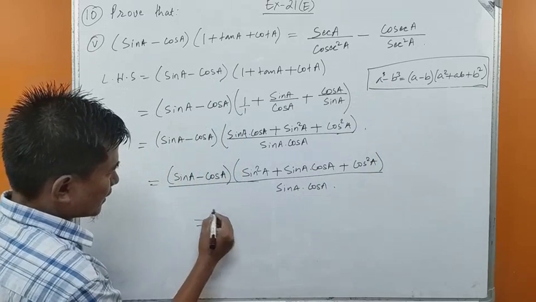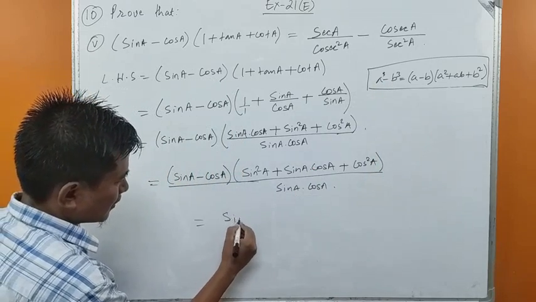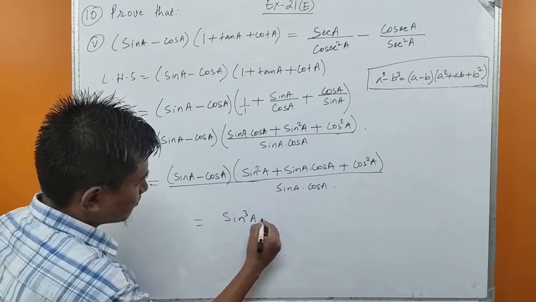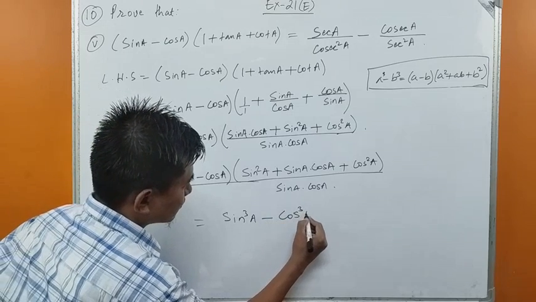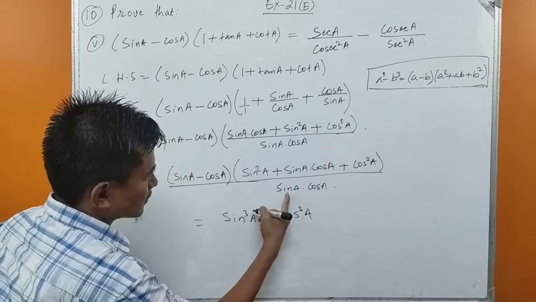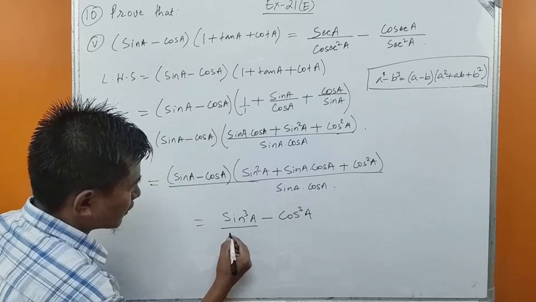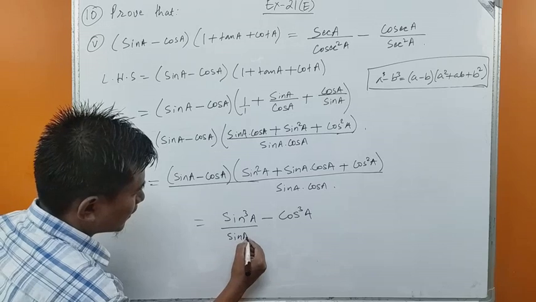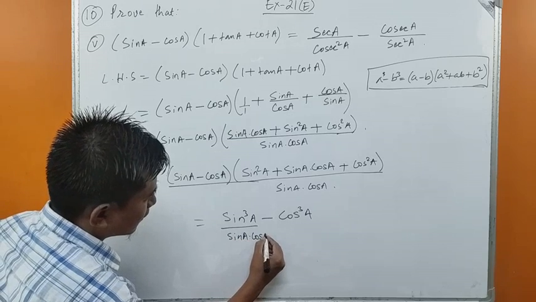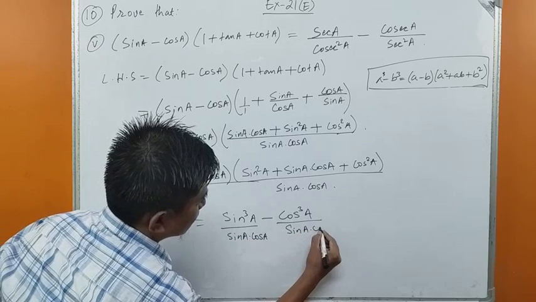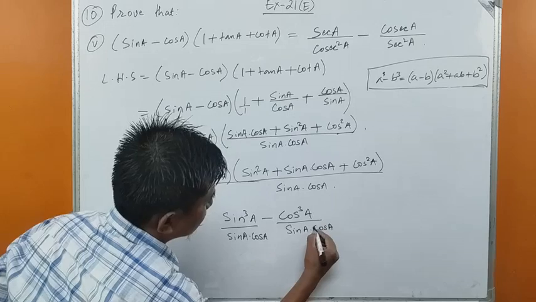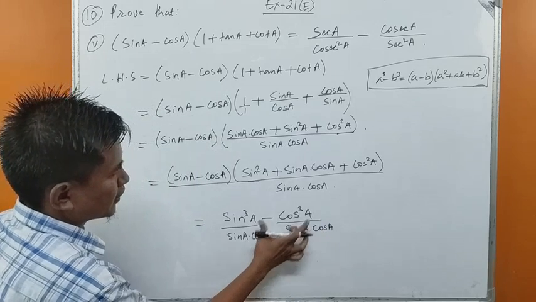This means A is sin A, so sin cube A minus B cube. B is cos A, so cos cube A, whole upon sin A cos A, isn't it? So I write separately, sin A cos A upon sin A cos A. If I take the LCM, it becomes like this.